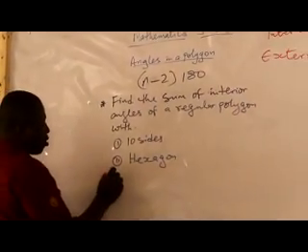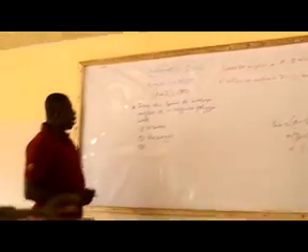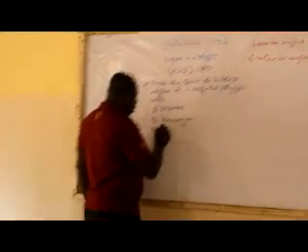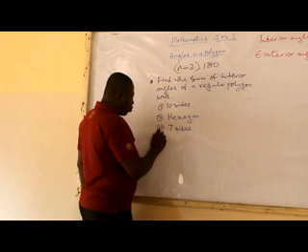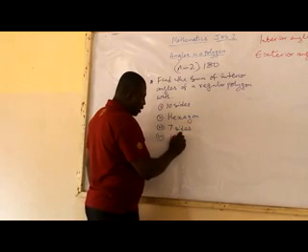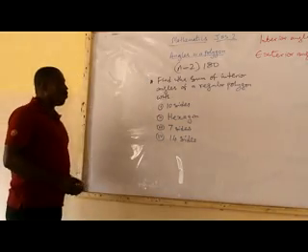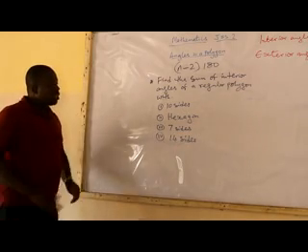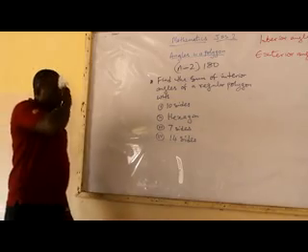Or they might ask you a question like, find the sum of angles in a regular polygon with 7 sides. They might say 14 sides. For you to find the sum of angles in a polygon with a given number of sides, you always apply the relation I gave you at the beginning.